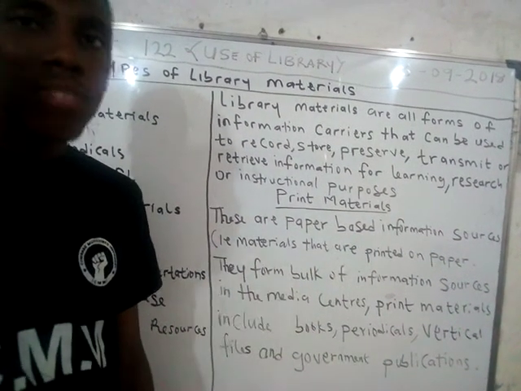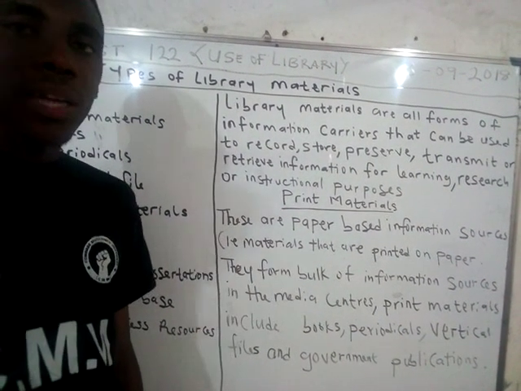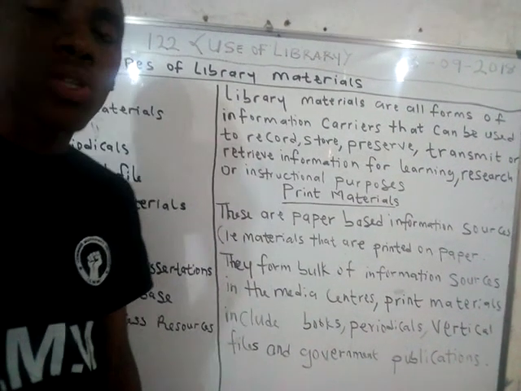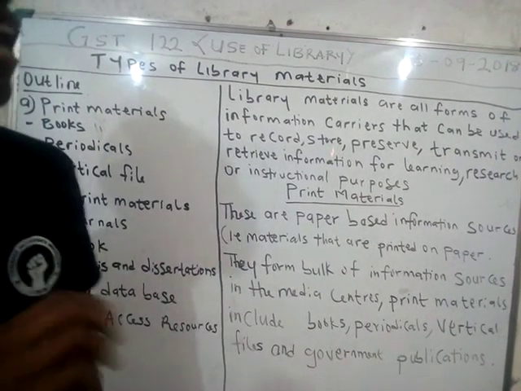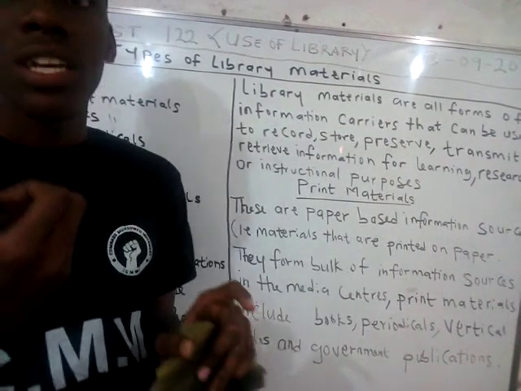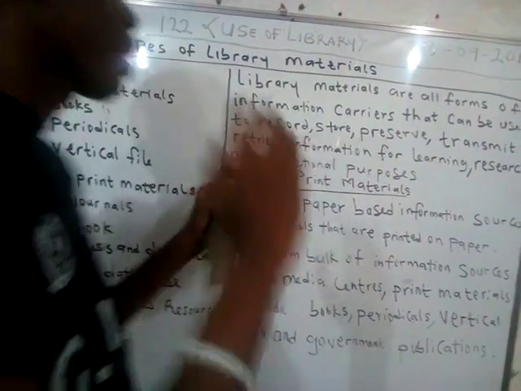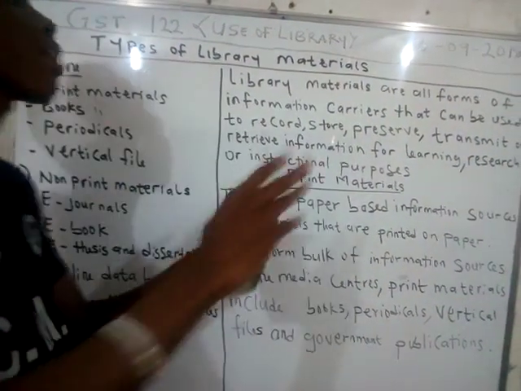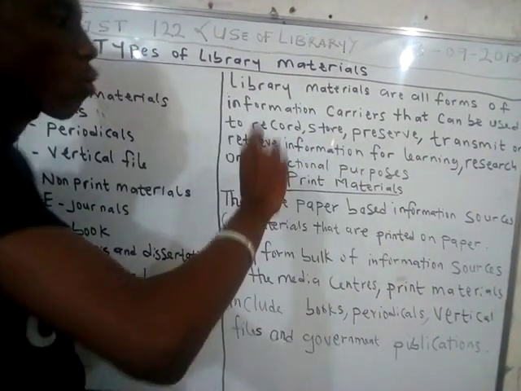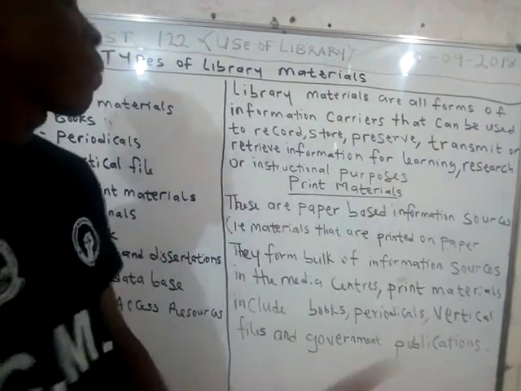That means every material in the library, which is called library material, carries a bit of information. And that information is meant to be either transmitted or retrieved, or stored. And what is the purpose? It is for learning, carrying out research, or for instructional purposes.